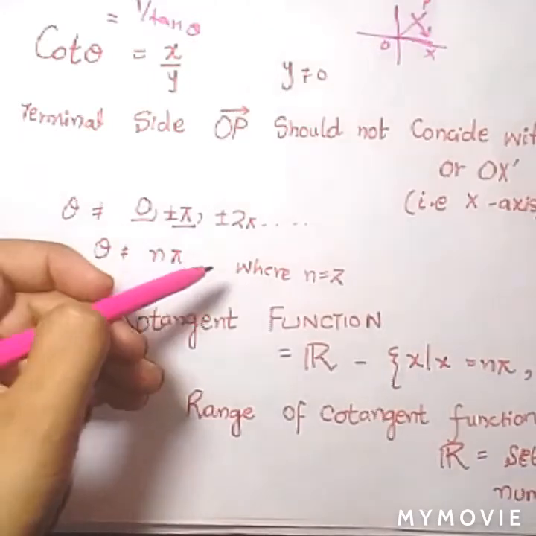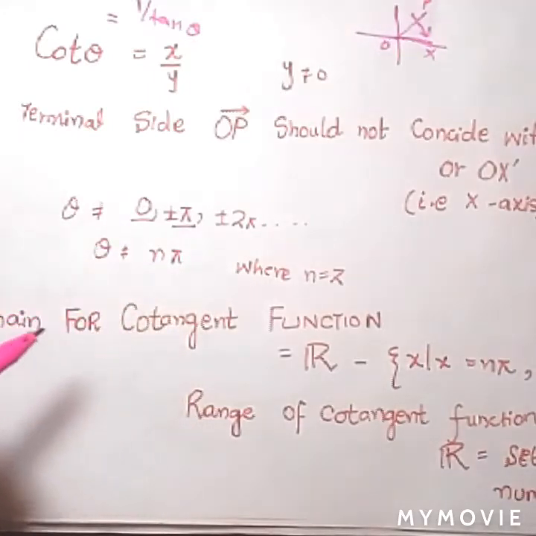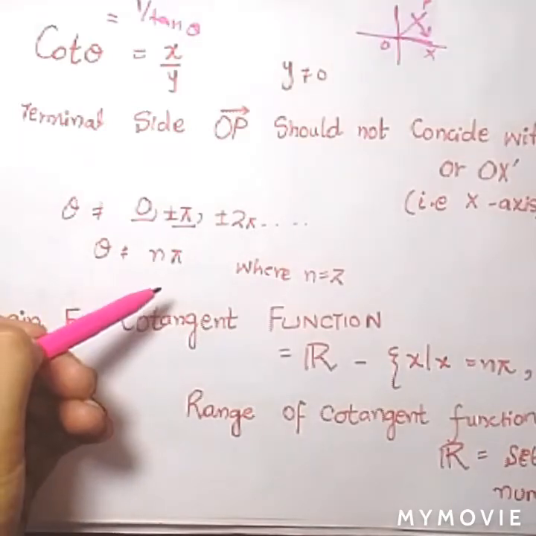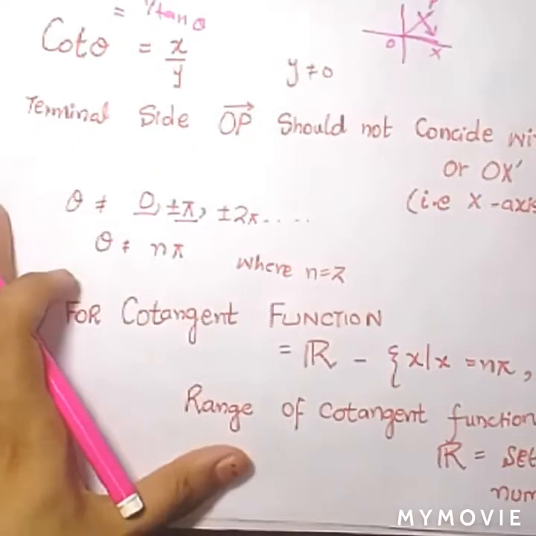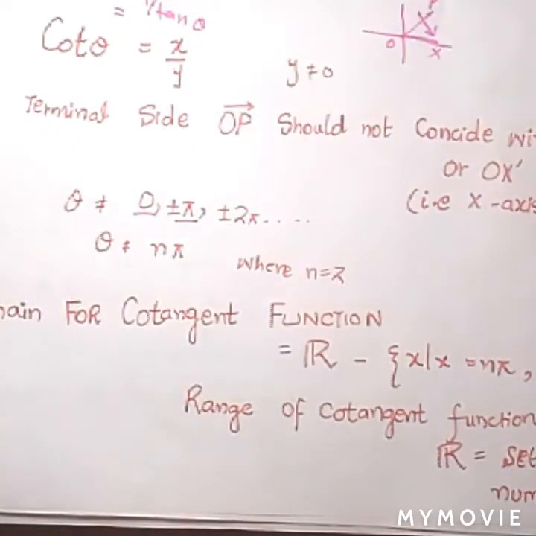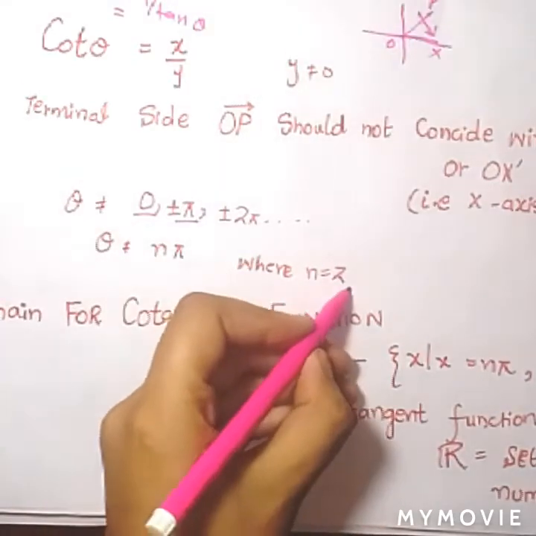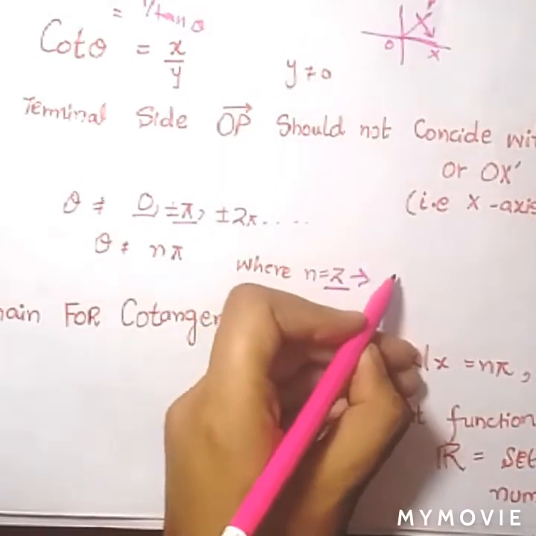Theta should not be equal to 0, plus or minus pi, plus or minus 2 pi. In short, you can say theta is not equal to n pi, where n is any multiple and a whole number, and Z is used for whole numbers.